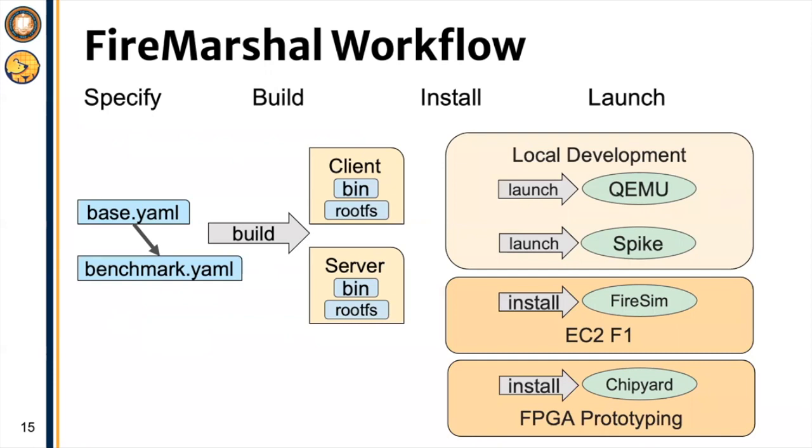In this case, we're talking about FireSim and Chipyard, so we're going to be focused on FireSim workflows here, Spike and QEMU. But basically, you can automatically install it to these different tools and run them in that tool. So you have a single source of truth here, my benchmark.yaml file that I write. I build it, and then I can automatically use it across all the different platforms as long as there exists a hook.